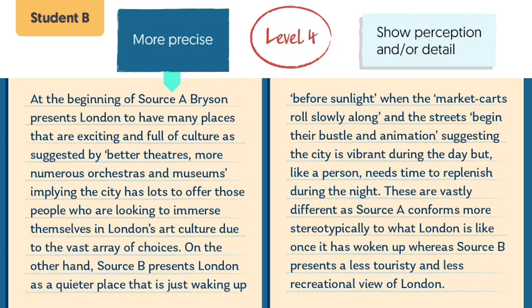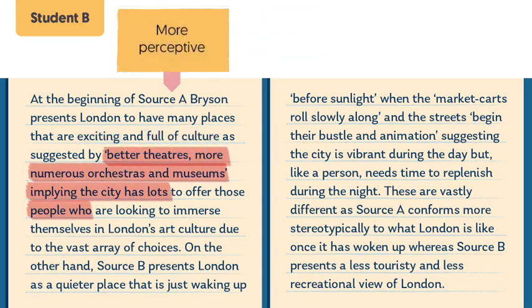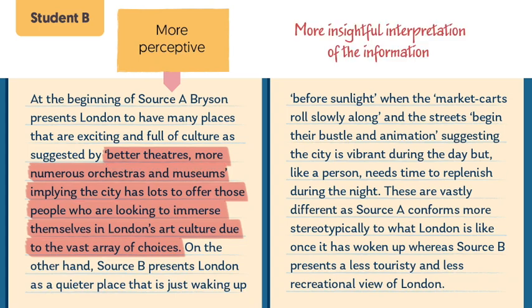With that in mind, notice how in the first sentence the answer immediately sounds more precise than Student A's, as it infers London to have many places that are not only exciting, but that are full of culture, suggesting a higher level of thinking. Similarly, the inference offered after the quotation is more perceptive, as it links the museums, theatres and orchestras to people who are looking to immerse themselves in London's art culture. This shows a more insightful interpretation of the information given.